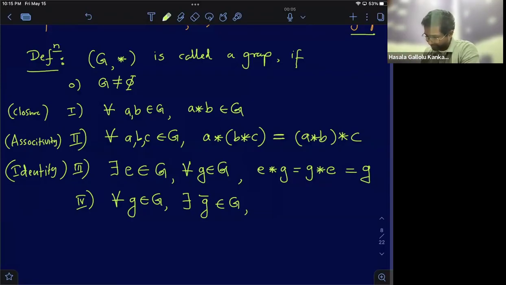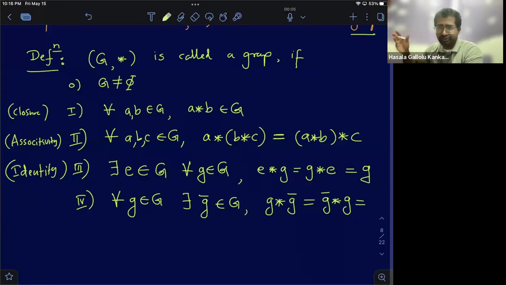Look at this. This is what we have. For every G, there is a G bar in this way. G applied to G bar is going to be G bar applied to G. Again, you have the commutative property on these operations, even if the whole structure is not commutative.